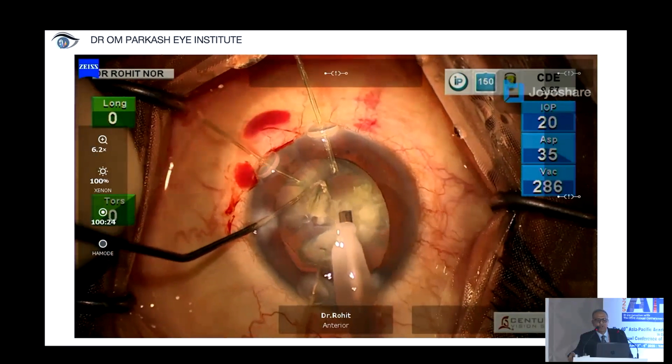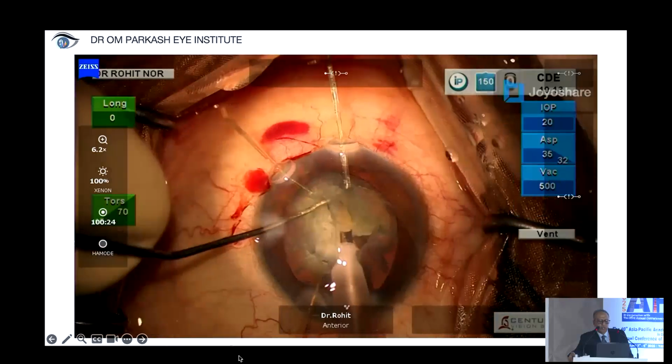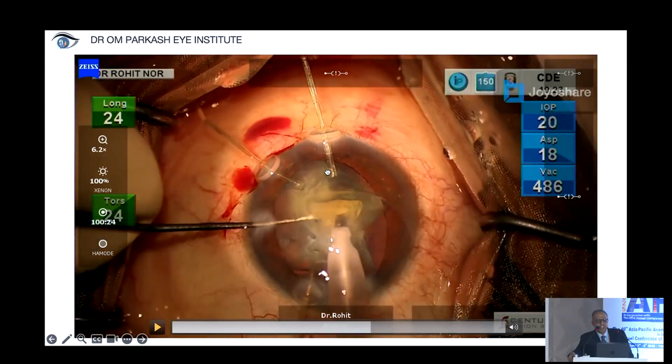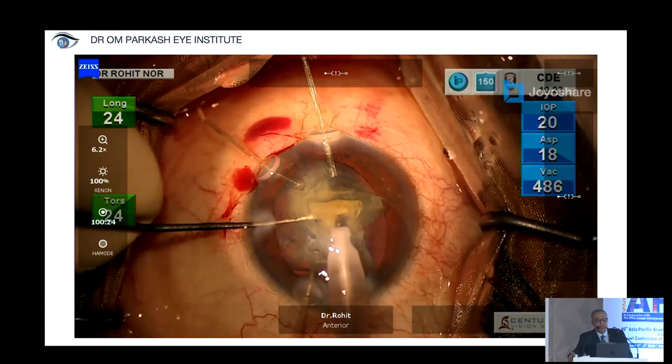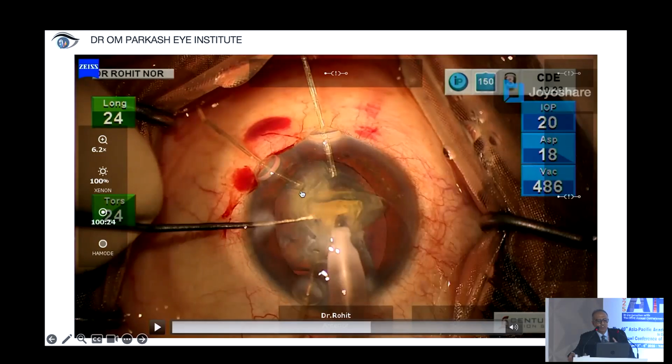Now I'm going to show you a trick which I use. You should see that this area has zonular dehiscence, and this is a fairly hard nucleus. So I'm going to use this nuclear fragment as a nuclear scaffold.